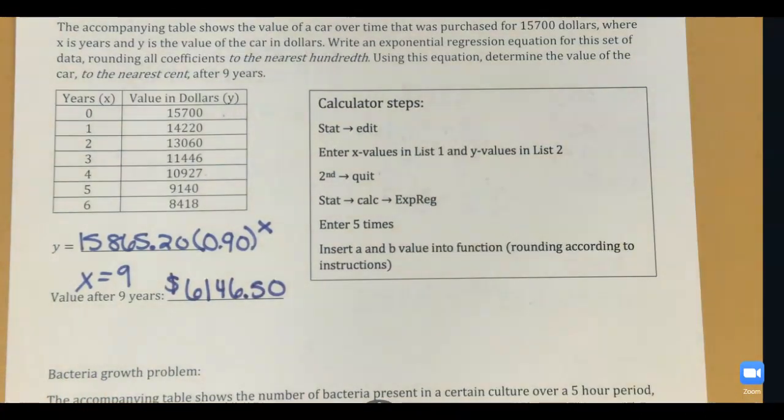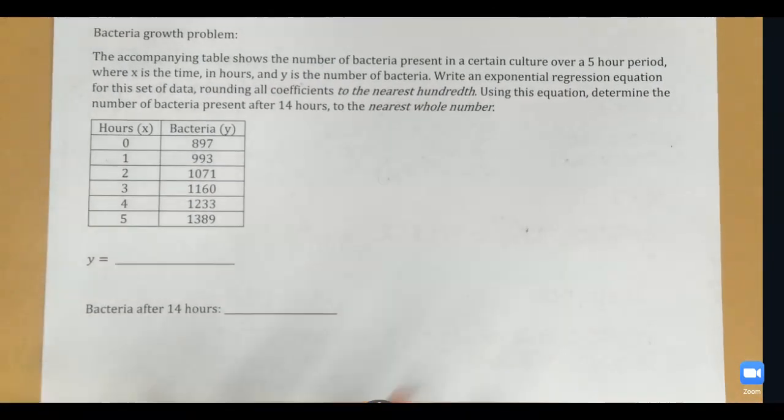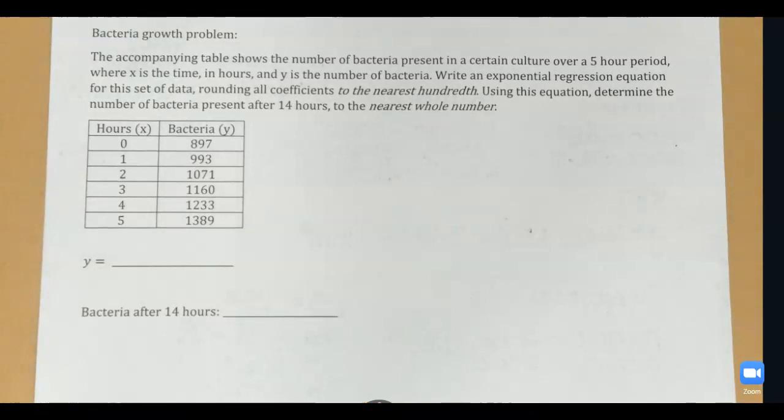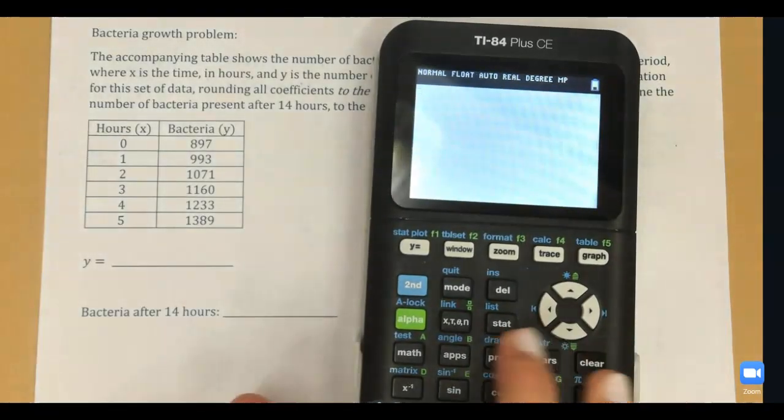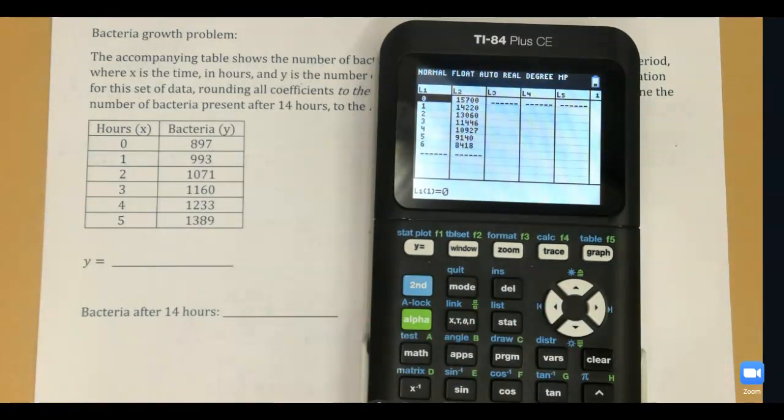Okay. Let's do that one more time with this bacteria growth problem. Again, we're doing a bacteria culture over a 5-hour period. So we have this data table with our x being time in hours and y being the number of bacteria present. So following those same steps, we're going to go to stat edit. And I have one less data point here.